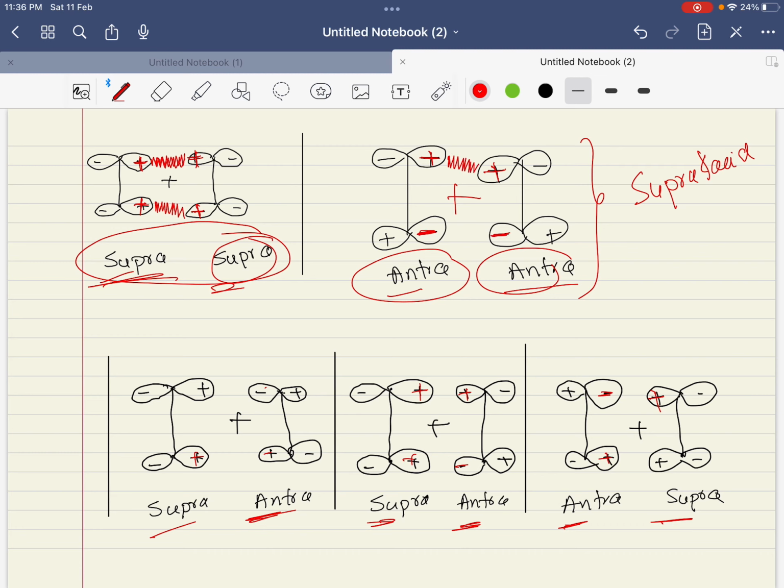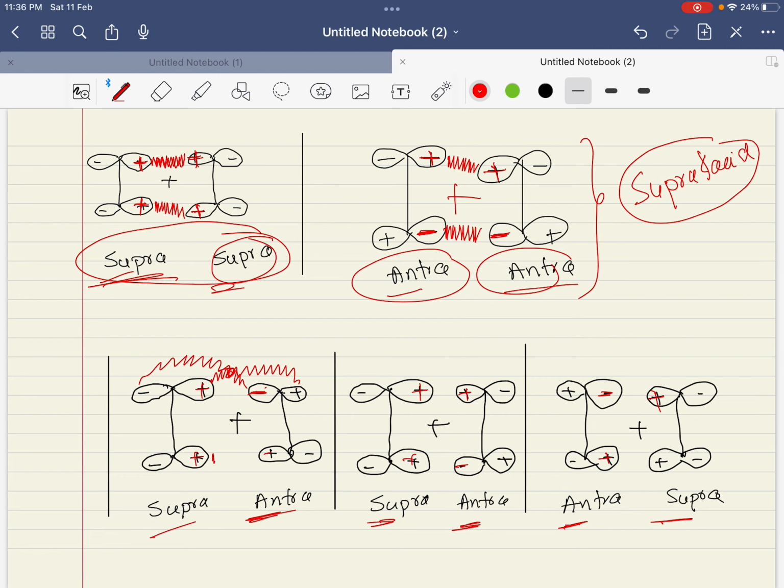Here it is negative, here it is negative. Addition happening across the same phase. If addition is happening across the same phase, it is called as what? Suprafacial. Look, in this case, it is positive and this is negative. Addition is not happening across the same phase. Look here. Addition is not happening across. A node is forming here.